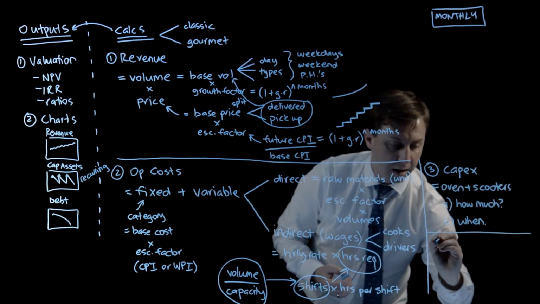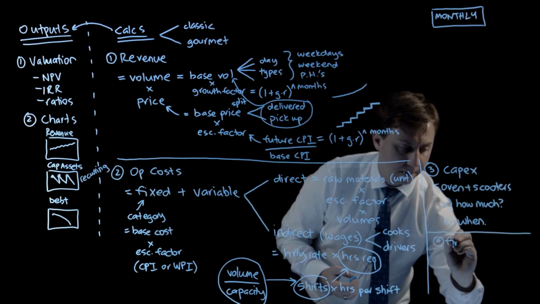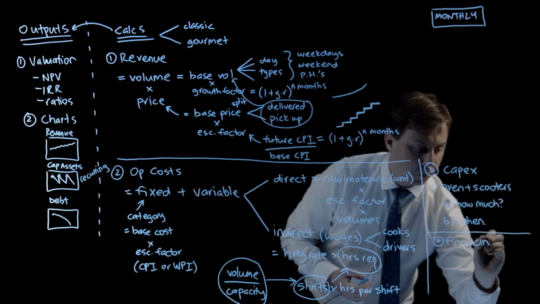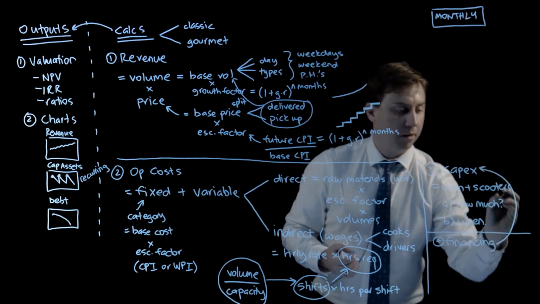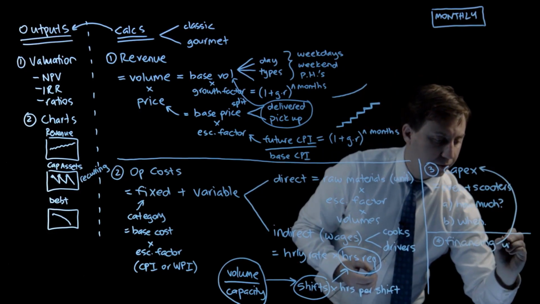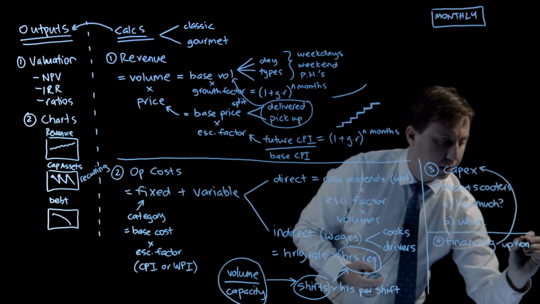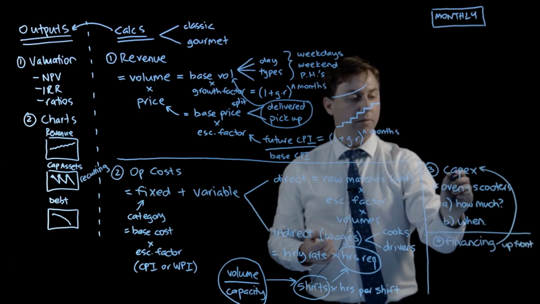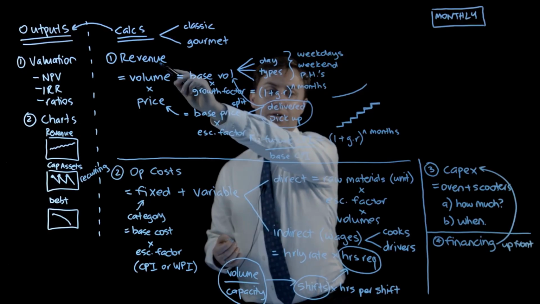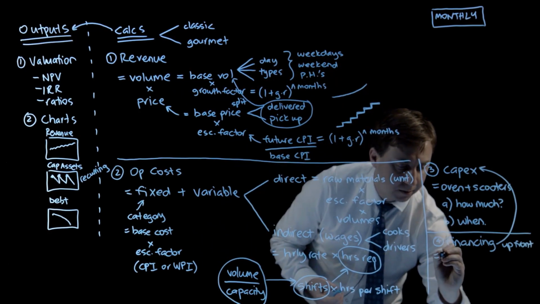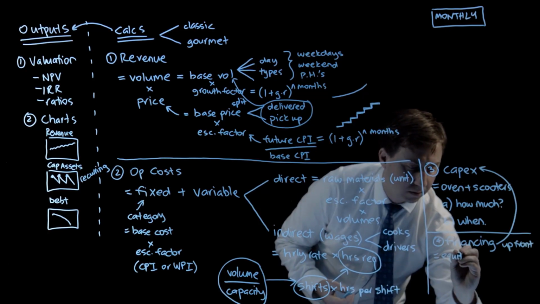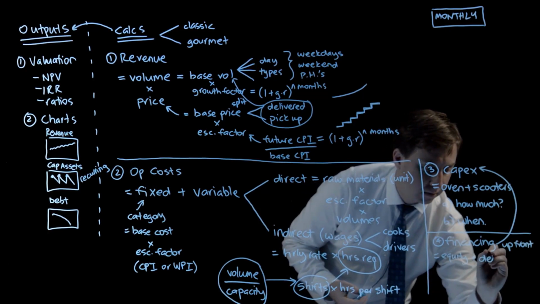Finally, we want to think about our financing. And that's where we're going to get the money from to pay for our CapEx, particularly the upfront CapEx. So the amount we need to spend on our oven and scooters before we're making any revenue. So how are we going to pay for it? And the two key sources of that money will be equity and debt.